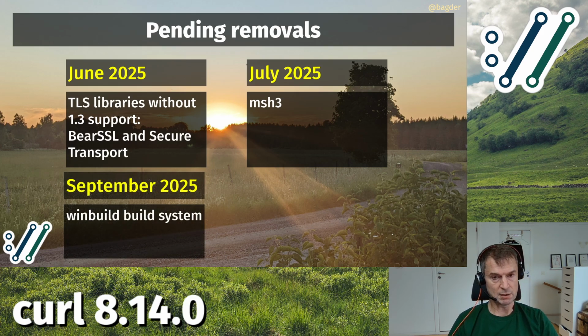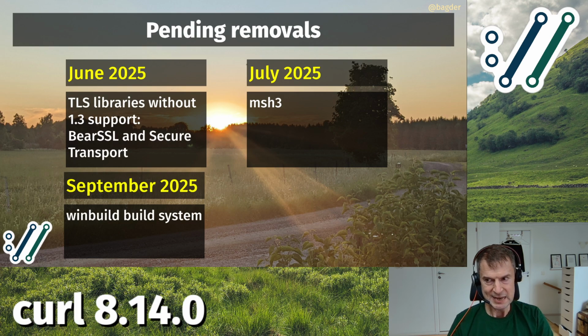Later this year, in the fall, we are going to remove support for the so-called WinBuild system. The WinBuild system is a particular build system for Windows. It's called WinBuild because that's the name of the directory in the curl Git repository. It is basically a way to build curl using nmake with Visual Studio. And we want to reduce the number of ways you build curl to make it easier to support the different build systems we support.